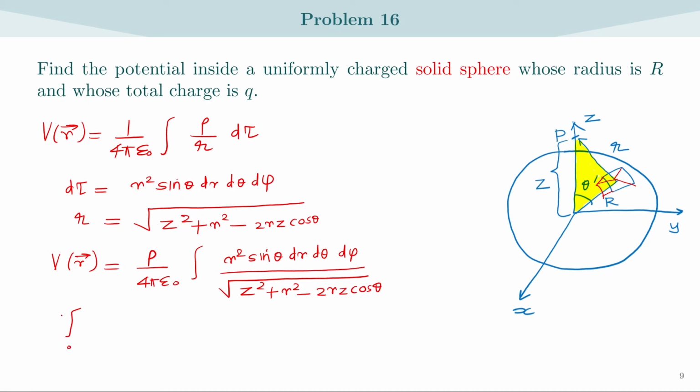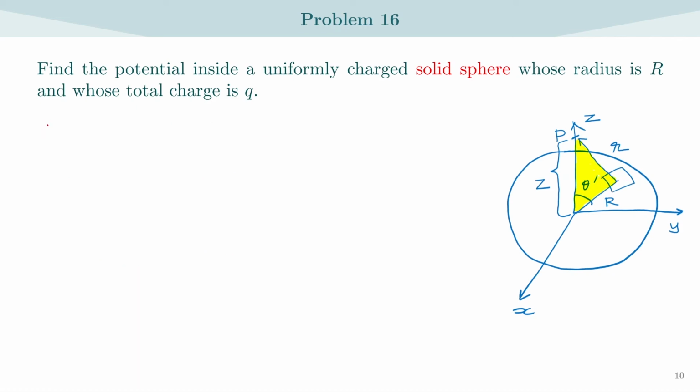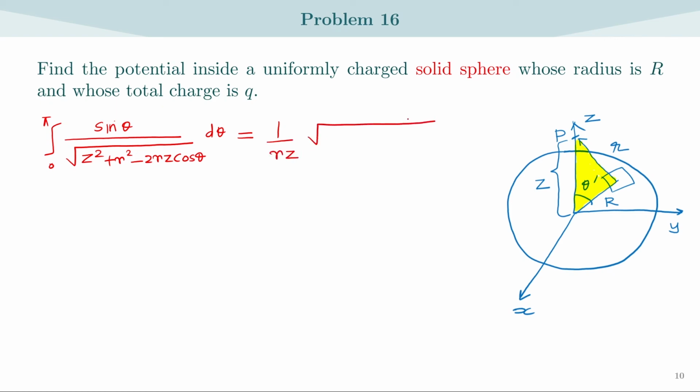As before, we have the integral from 0 to 2π of dφ equal to 2π, and we have to find out the integral from 0 to π of sin θ over √(z² + r² − 2rz cos θ) dθ. From the lookup table, this can be written as 1 over rz times √(r² + z² − 2rz cos θ) from the limits 0 to π.